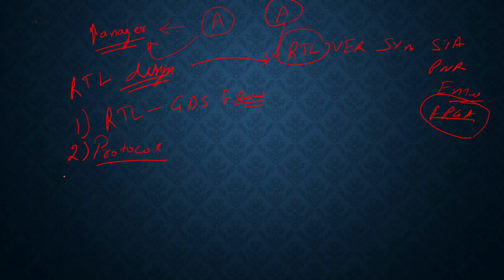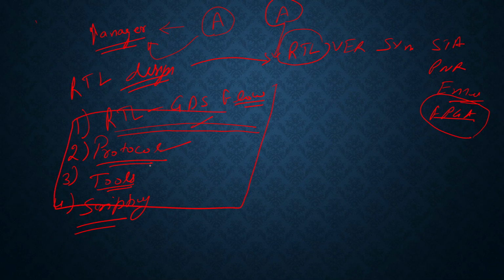The third question is tools. The fourth is scripting. These are the basic questions from people: RTL to GDS flow, protocol, tools, scripting, like SQL, Bash, Python, Perl.